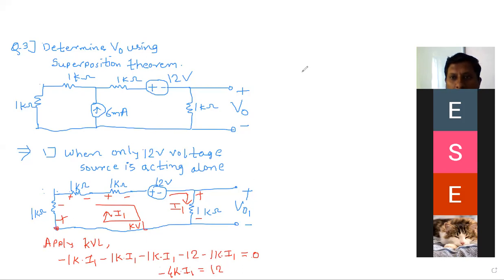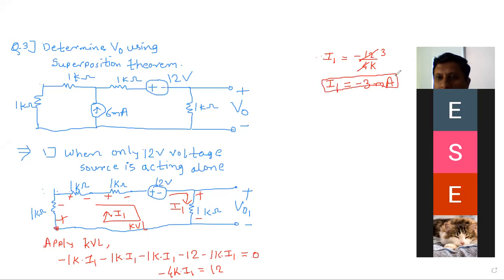So I1 is equal to minus 12 divided by 4k. This 4 and this 12 will cancel, that will give minus 3, and k goes to the numerator, that will give milli. So I1 is equal to minus 3 milliampere.